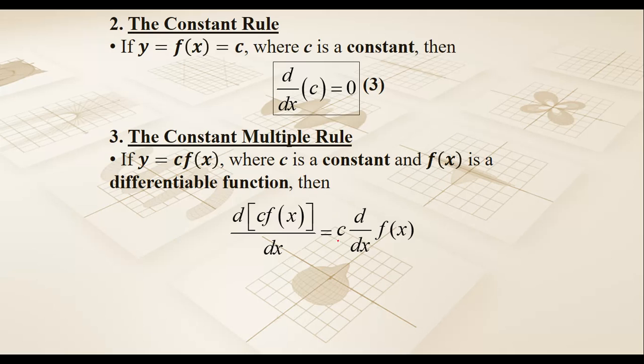So here, let me give you an example of this. Let's say that we had f of x is equal to 5x to the power of 7. So now I have a numerical coefficient in front of here. If I want to figure out the derivative of this function, I could say f prime of x.